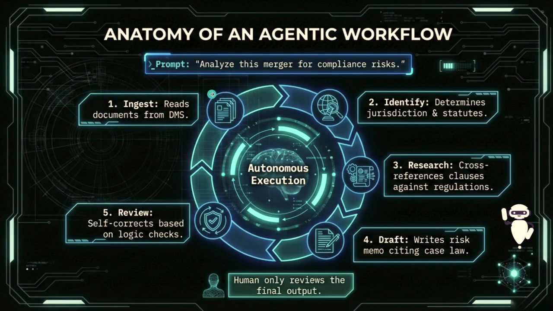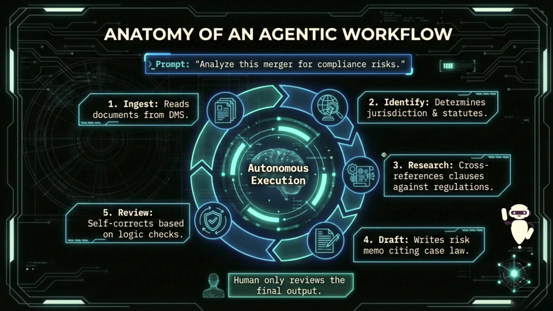From there, the system will kick into autonomous execution, passing the job down the assembly line to specialized AI agents. Agent 1, the reader, will read the data from all necessary documents in the database management system and then pass the output to agent 2, the strategist.